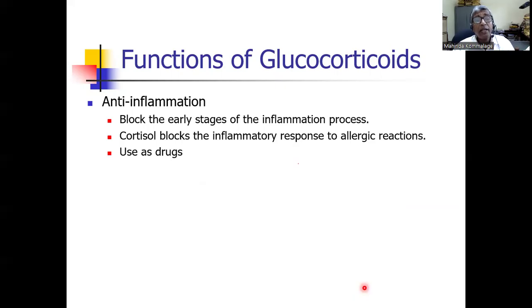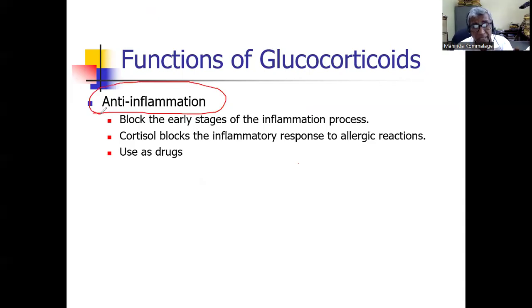In addition to that, it has a minor effect we call anti-inflammatory action. Of course it's a minor effect, but we use glucocorticoid drugs to get this anti-inflammatory action. Anti-inflammatory means it inhibits the inflammatory process. Probably you have some idea of what inflammation is.